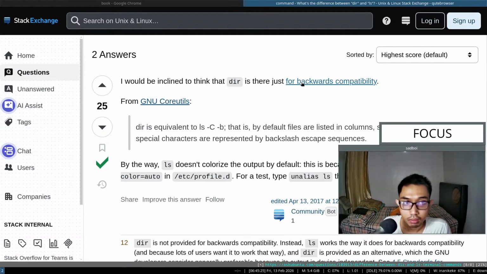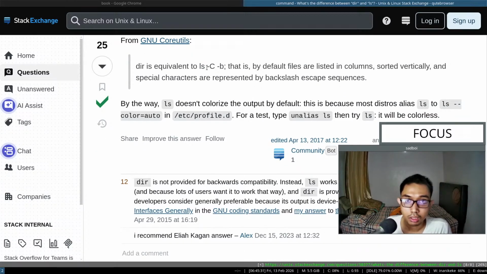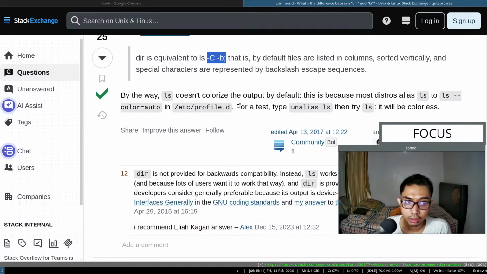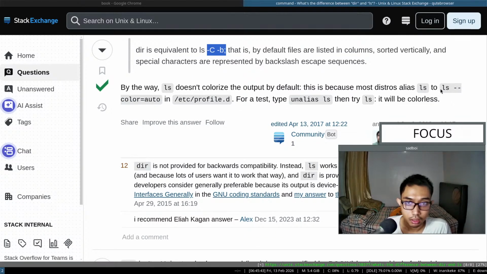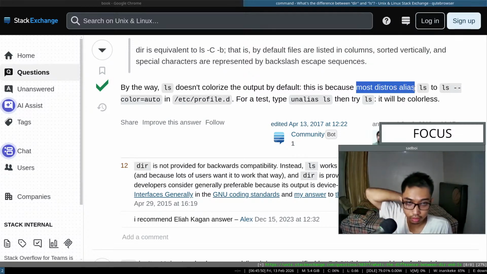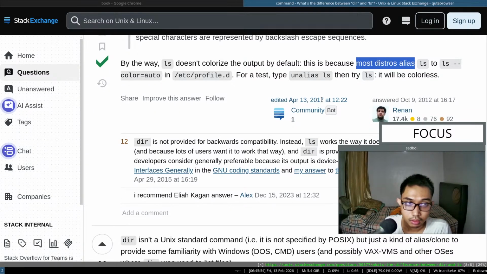Is it just for backward compatibility? Oh, test C, test B. Yeah, it is an alias on most distros.